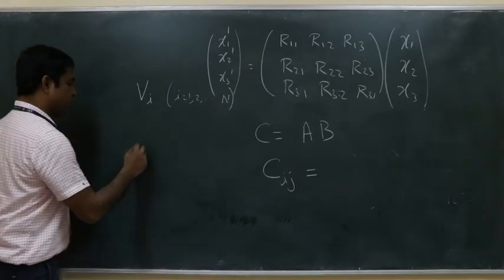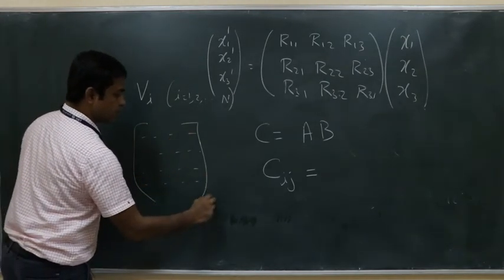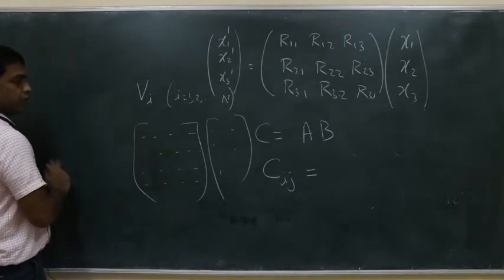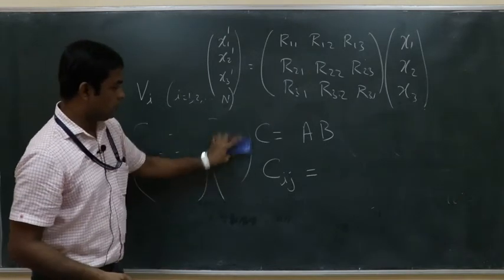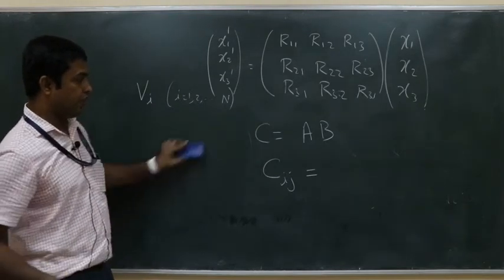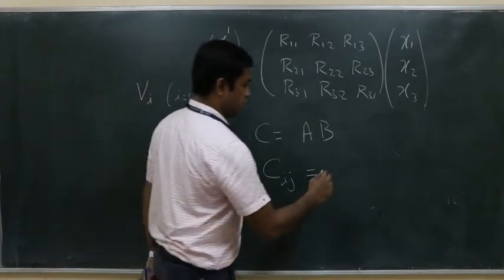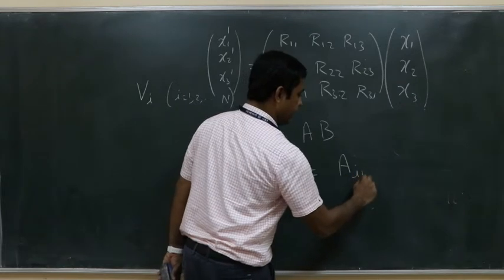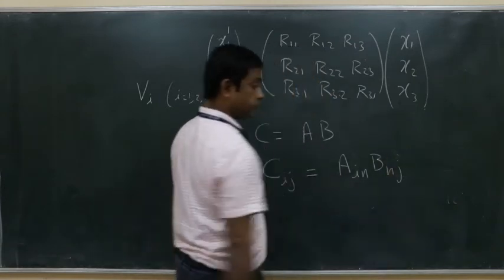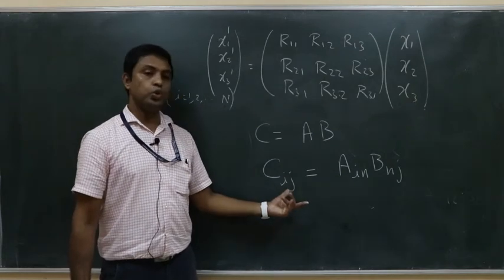You already know how to multiply and find out each component of C. But I just want to write down the ijth component of C, if I know the ijth component of A and of B. So A_il times B_lj, or A_in, and B_nj. So how many free indices? 2, right?